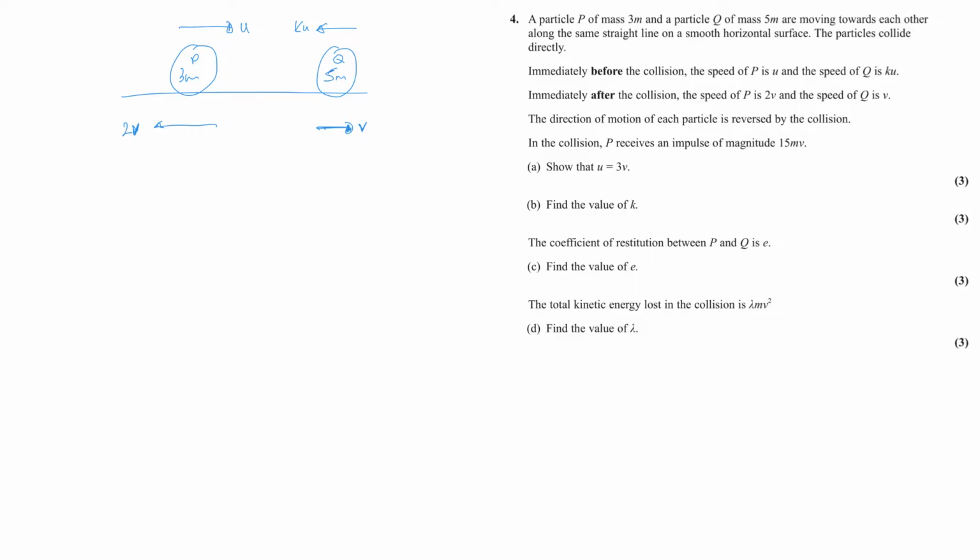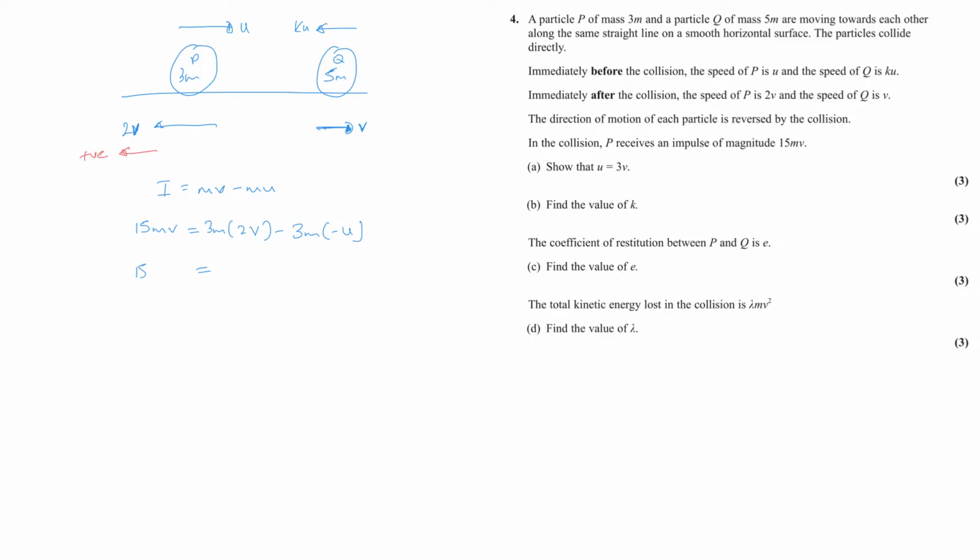Okay, so impulse, change in momentum. Now it receives an impulse of 15mv. Now for this I'll take left as positive. So that's going to be equal to 3m times 2v minus 3m times minus u.